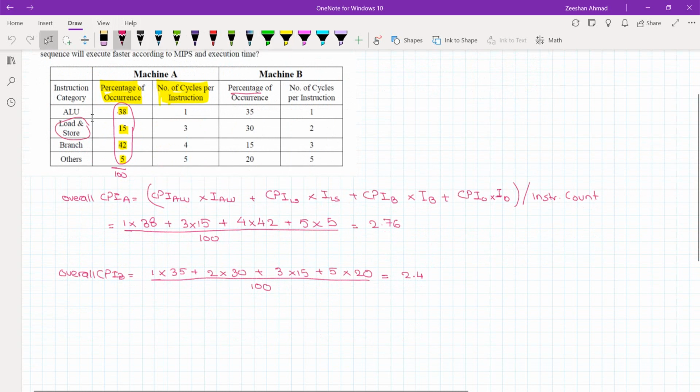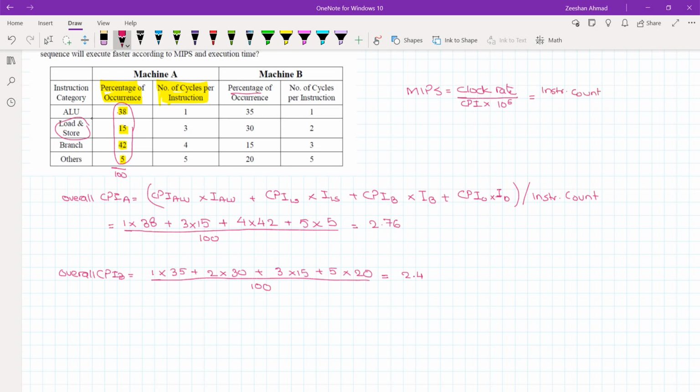If you remember, the formula for MIPS was the clock rate divided by the CPI multiplied by 10 to the power 6, or the second formula was the instruction count divided by the execution time into 10 raised to power 6.